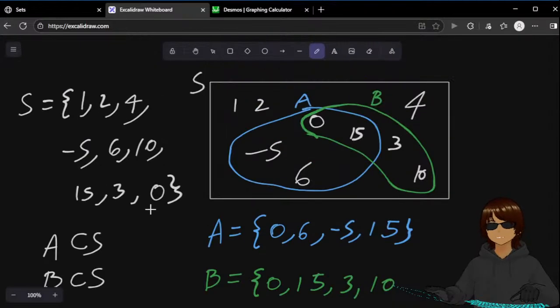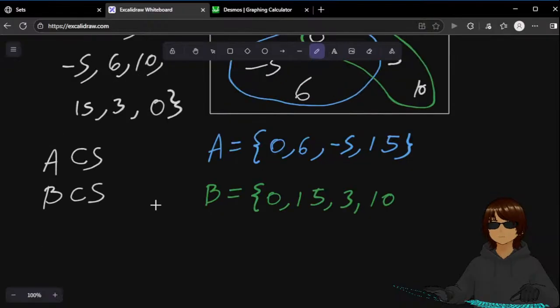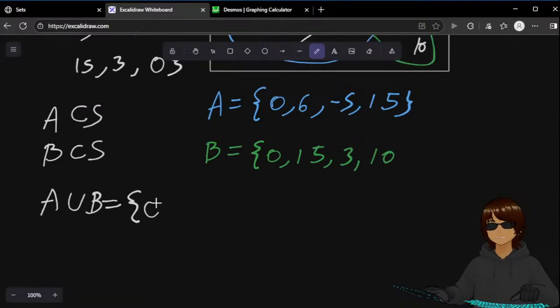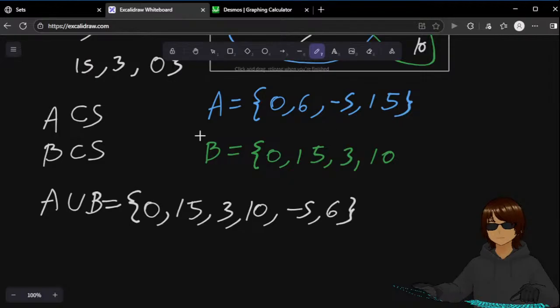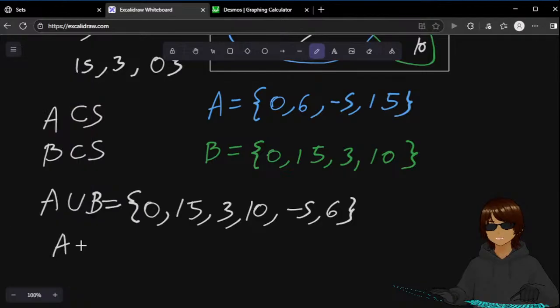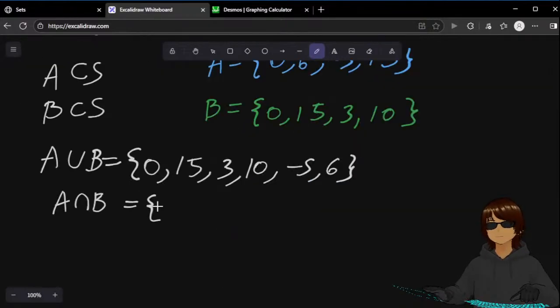B is a subset of S. Now we have A union B, which is 0, 15, 3, 10, minus 5, 6. And then we have A intersection B, which is like union but flipped upside down: 0 and 15.